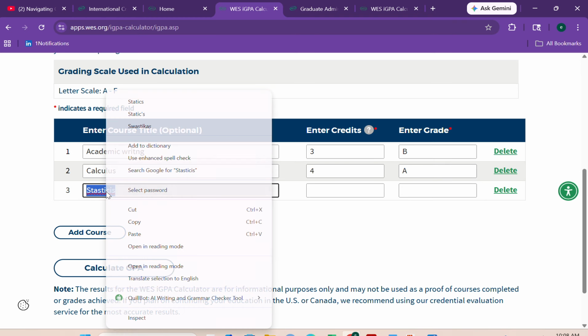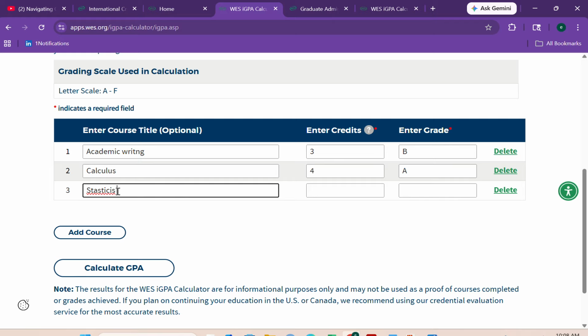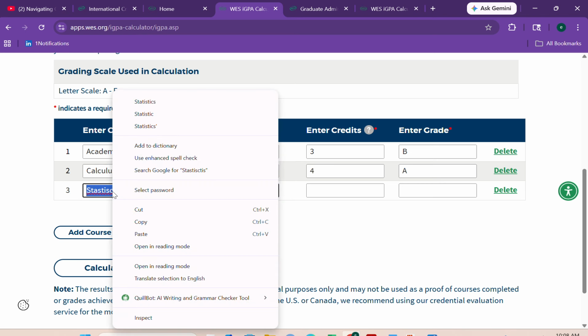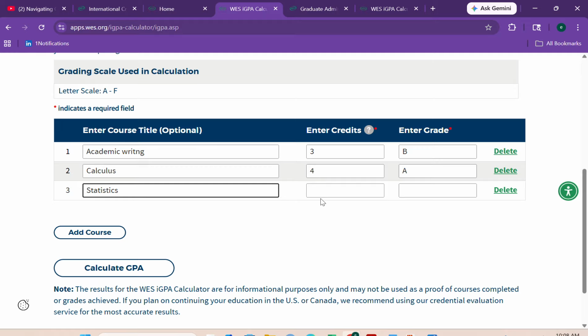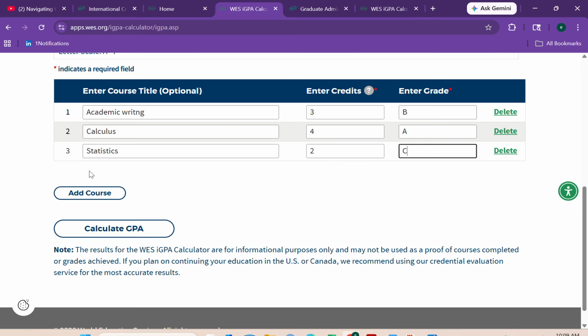Sorry, that is wrong, I'm getting this wrong. Statistics. Let's say it is a 2 credit hour course. I'll enter, let's say, a C. Then let's say this is the entire transcript; because of time, I'll enter a few. Then I'll just continue to calculate.